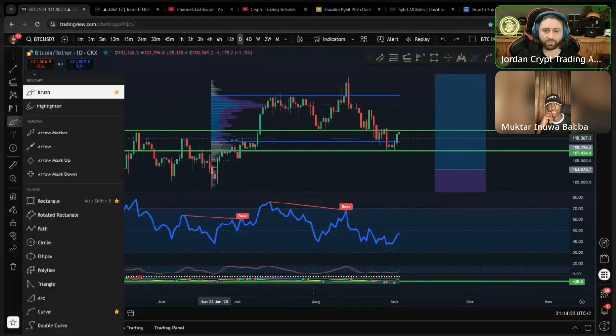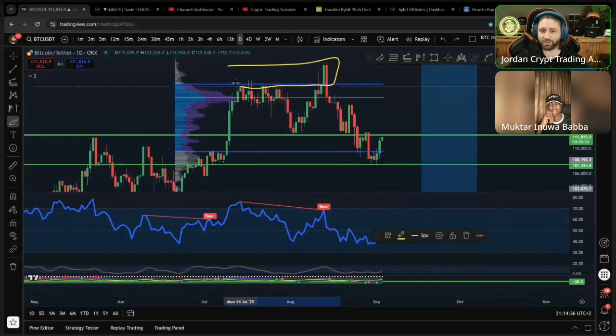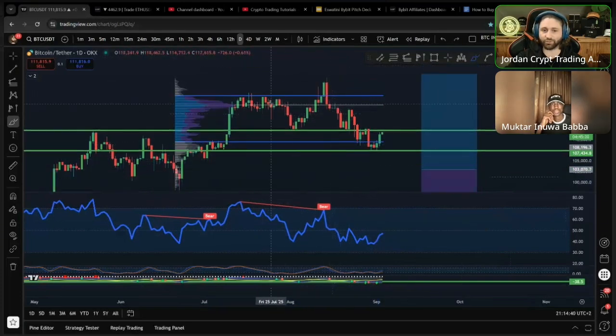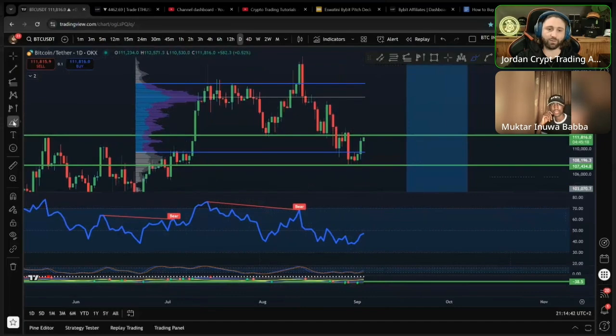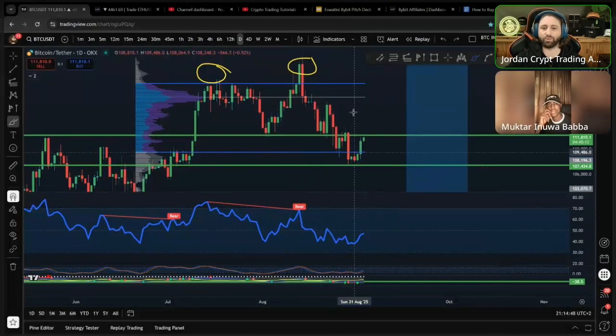All right, another very important thing to understand on the fixed range volume profile is your POC, which is your point of control. This is not a level that you trade from, but it is a level which tells you a lot. You only trade from the value area high and the value area low. But once you move away from the higher level or the lower level, you make a move towards the point of control.